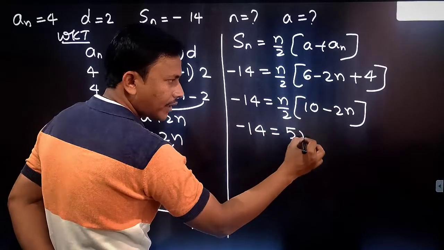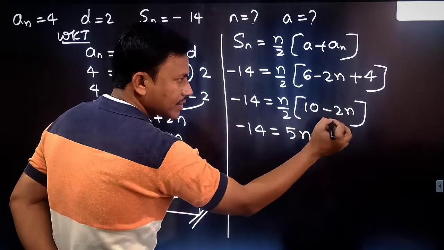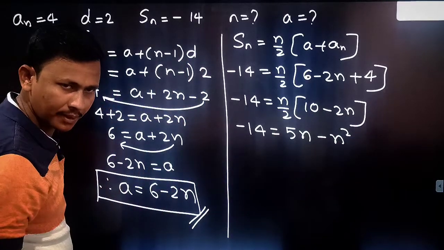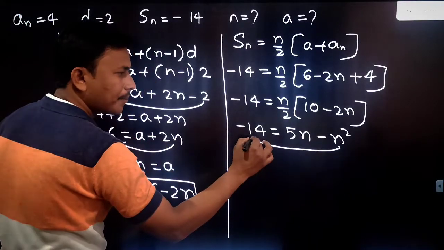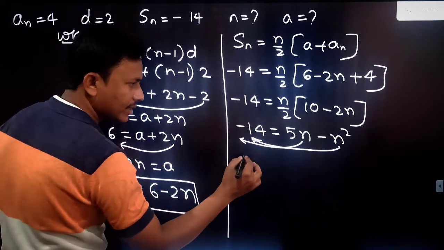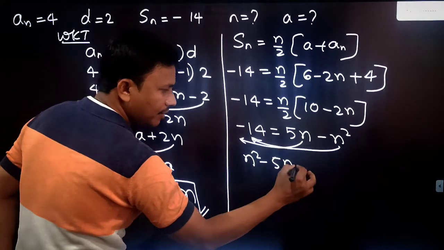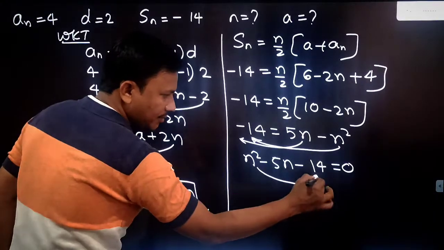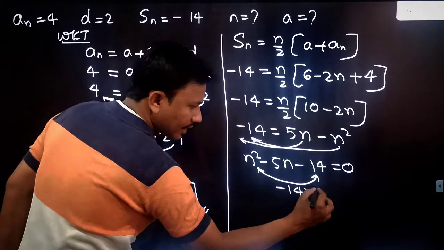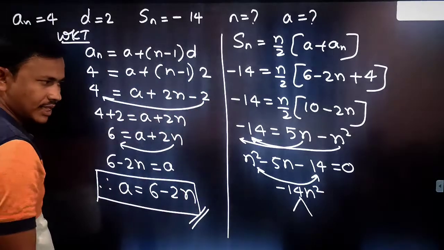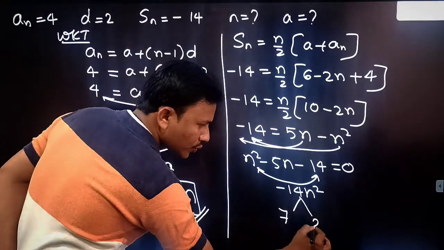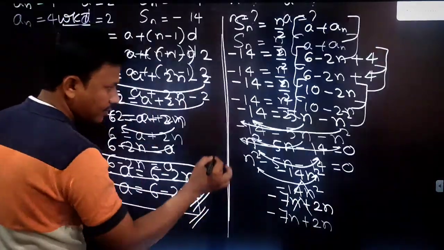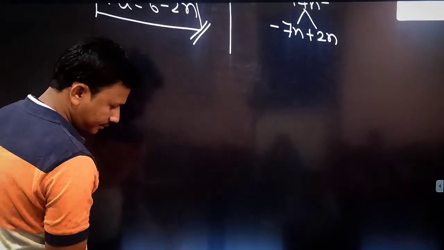Into n: 5n minus n square. 2 ones cancel, n is there, n into n is n square. It will become minus n square plus 5n minus 14 is equal to 0. Multiply the first and last term: minus 14 n square. 2 7s are 14, 7n and 2n, one is minus, one is plus.